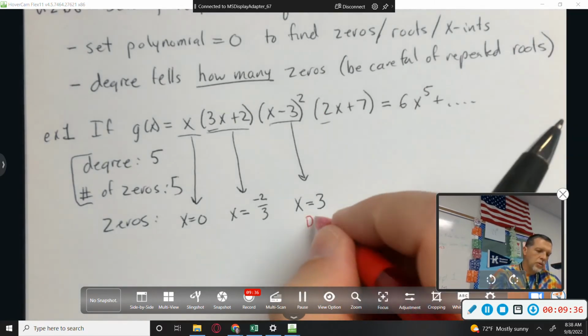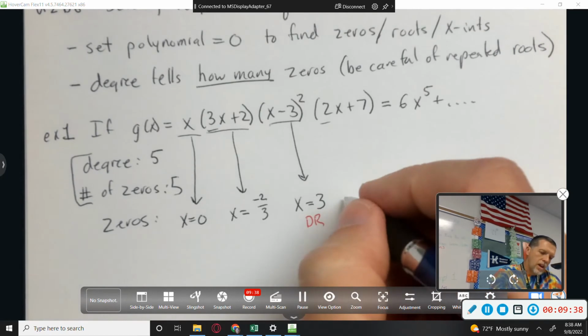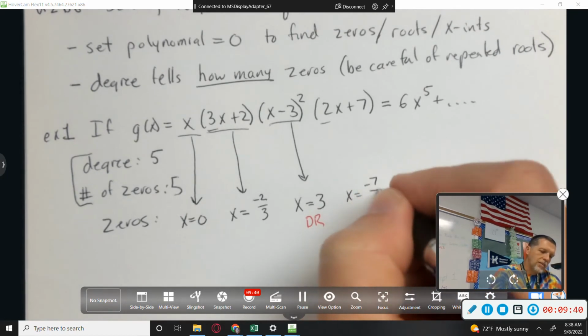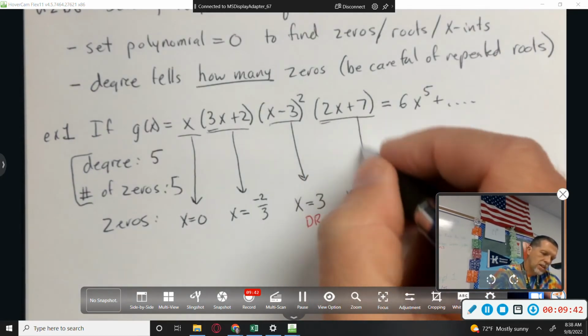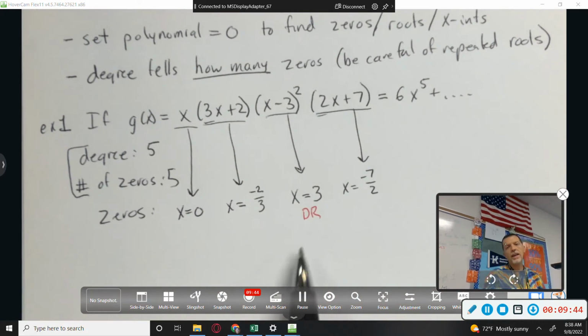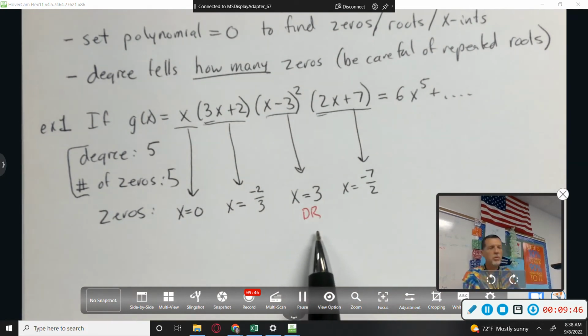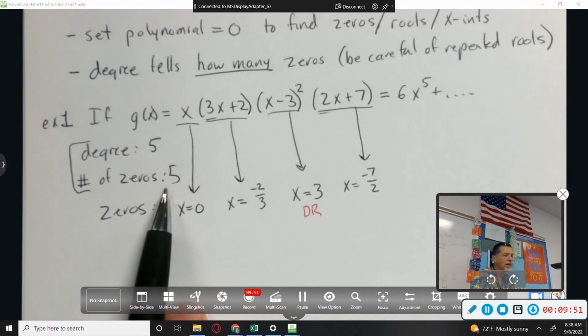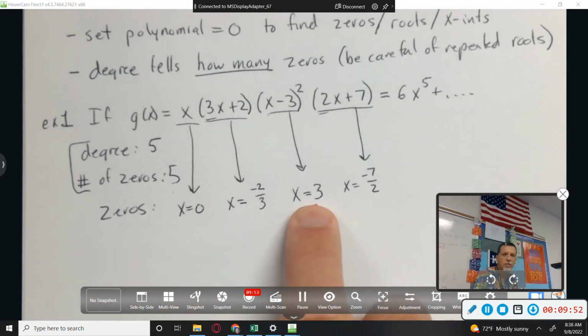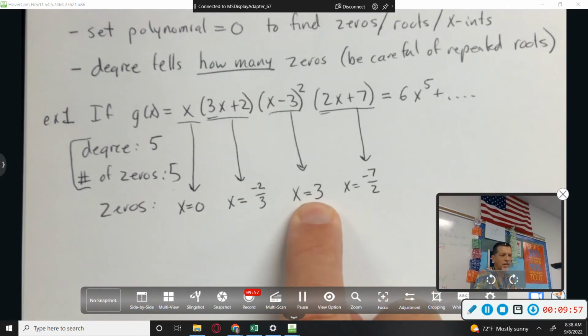That's a double root. And then x equals negative 7/2. And again, I don't have to label that as a double root, but if I'm trying to make sense of the problem, and I said there were 5 zeros, if I don't recognize that that's a double root, maybe it feels like I'm missing something, right? Because there's only 4 zeros there, except that one of them is a double.